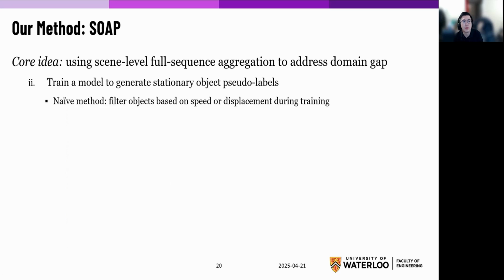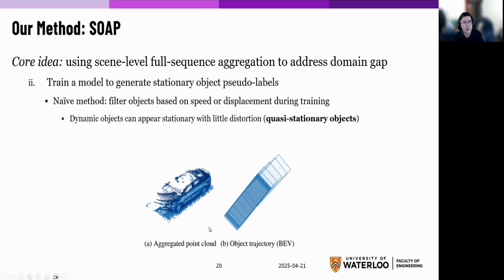To naively do this, we can simply filter the objects based on the speed or their displacements over time during training. But we observe that certain objects can appear stationary with very little distortion in their point clouds. And we call those objects quasi-stationary objects.